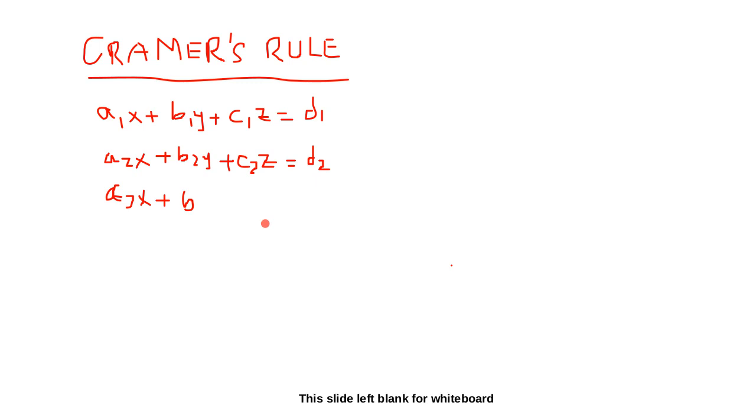Then we go to B1 and delete the first row and the second column. So its minor is A2, C2, A3, and C3.